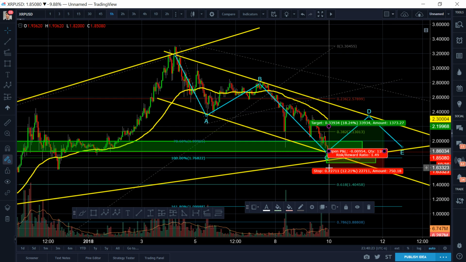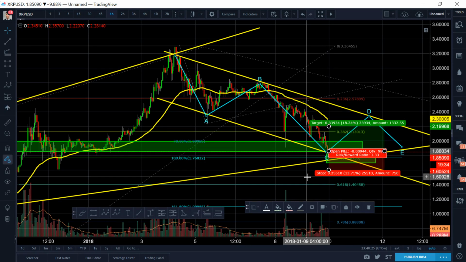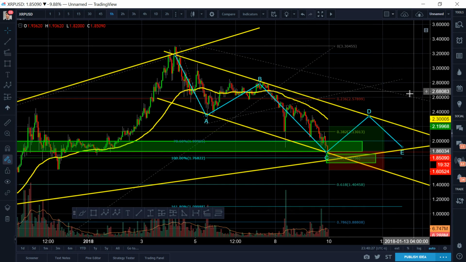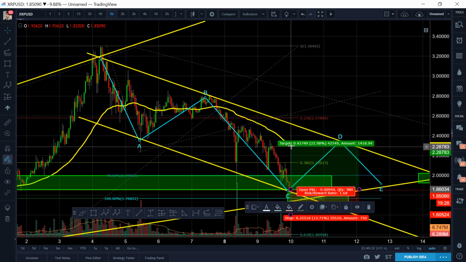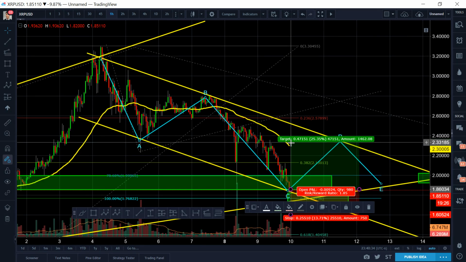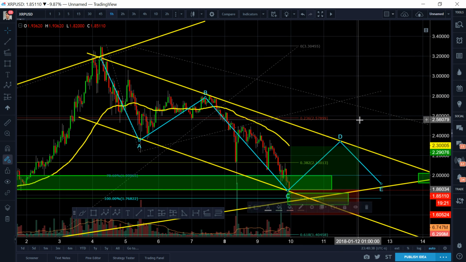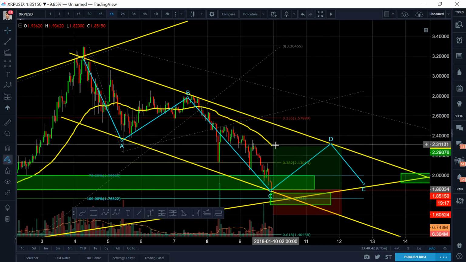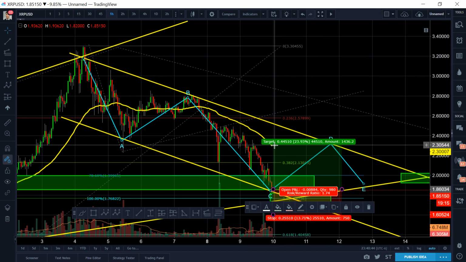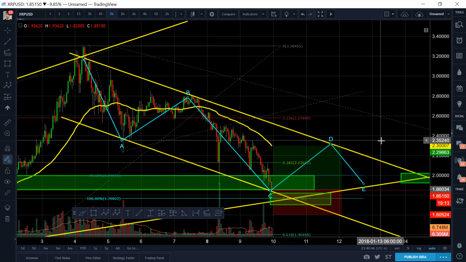So 185 is my entry. 160 is my stop loss. That's going to break, I think. And I'm going to target 230. That's a good play to me.